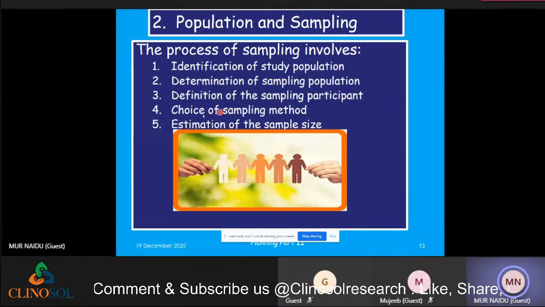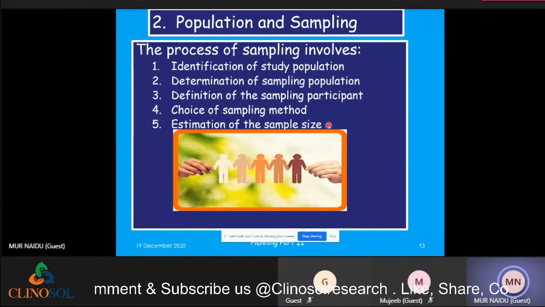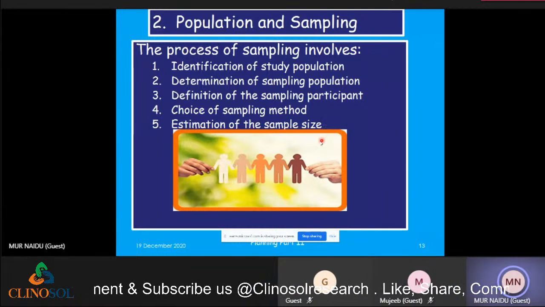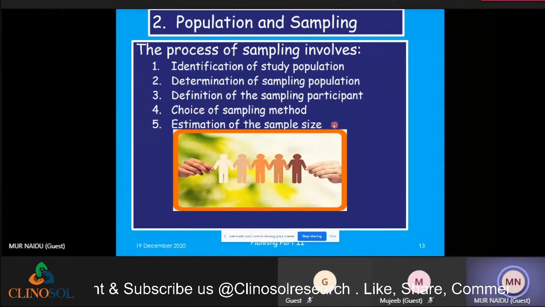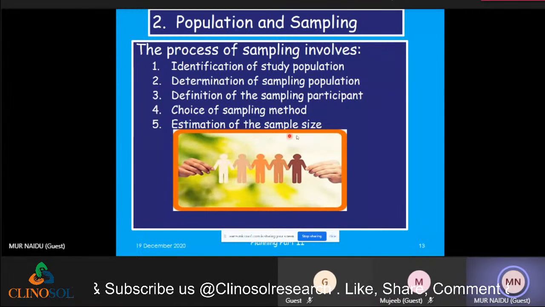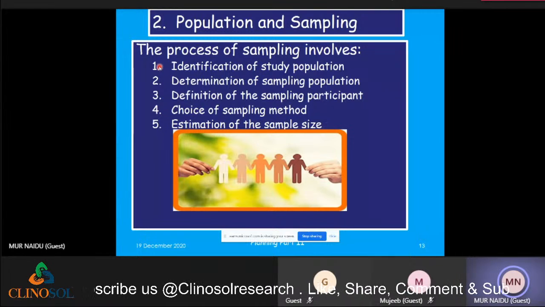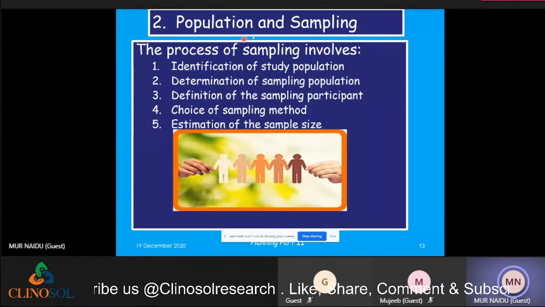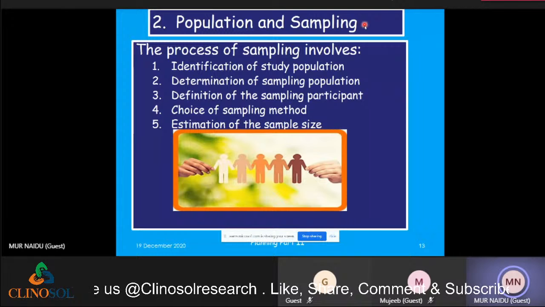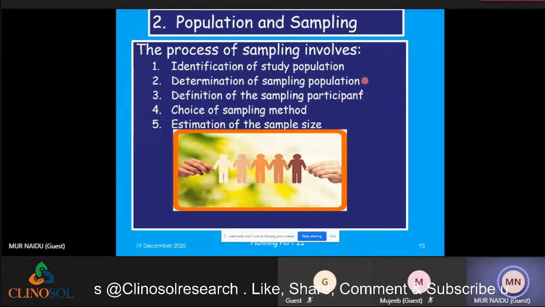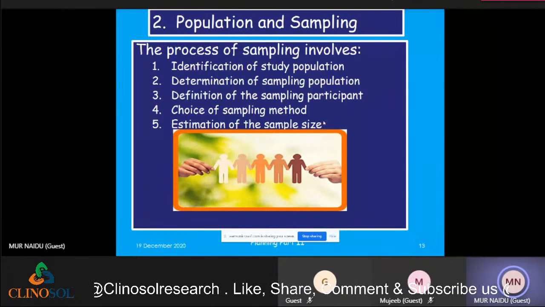And the best thing for doing that, either you learn biostatistics or just engage a biostatistician to tell you what is the sample size required for each group. So these are the five things which are very important for you to select a correct sample for your clinical trial.